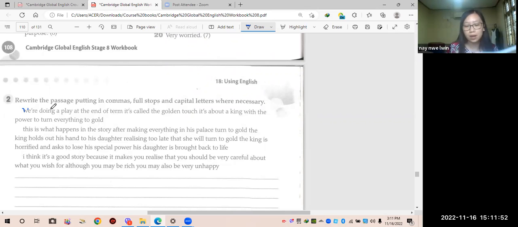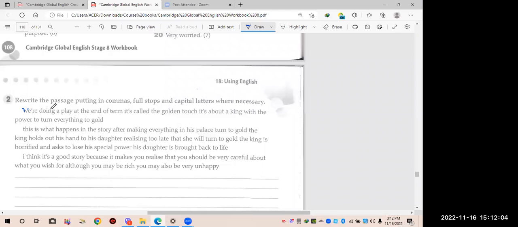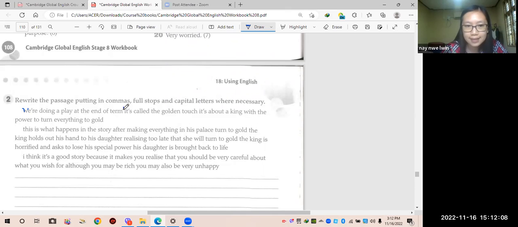So whether we put a comma or a full stop for the first line. Full stop. So we are doing a play at the end of the term, full stop, and it is called, okay, so this will be a capital letter again.